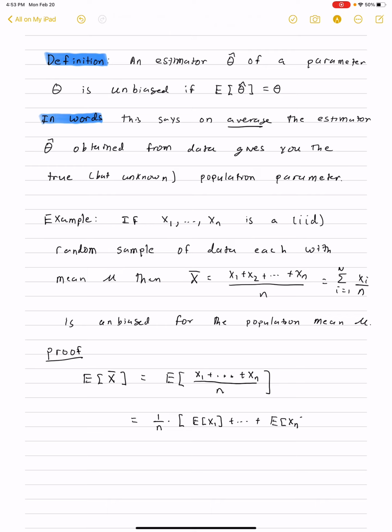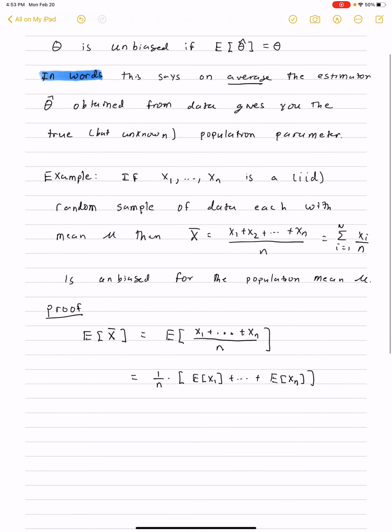Now, they each have mean mu, and that is the expected value. Since we're adding mu n times and dividing by n, this is 1 over n times n mu, and that is mu, so it's unbiased.